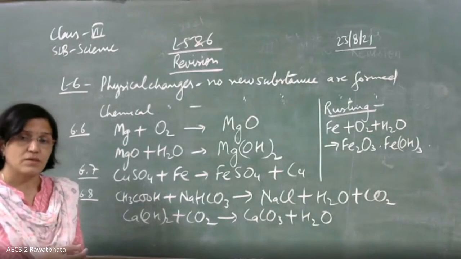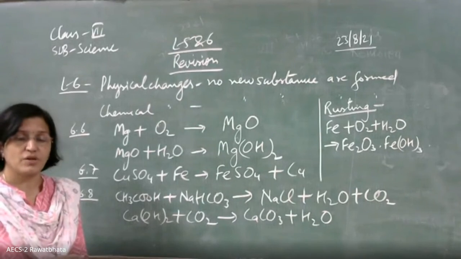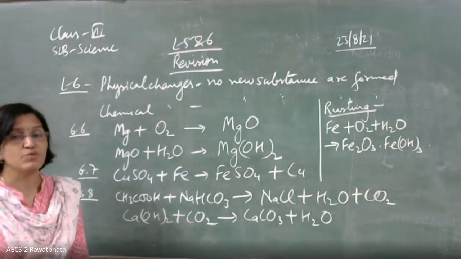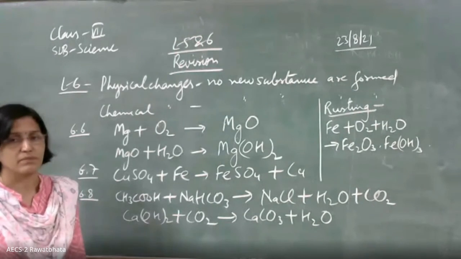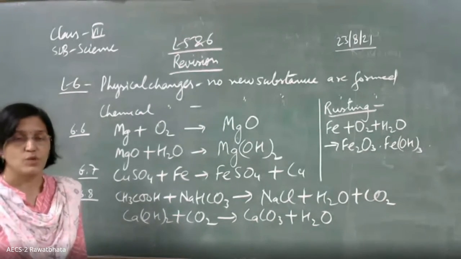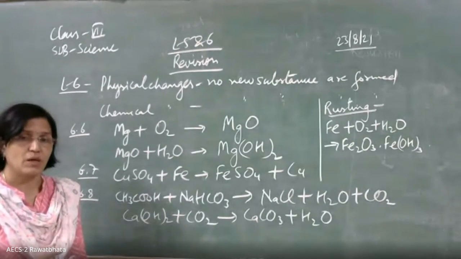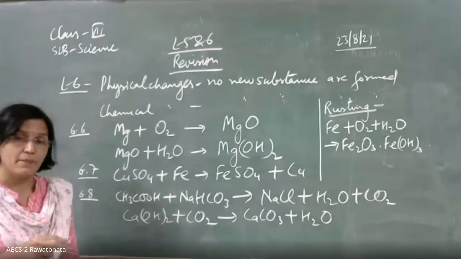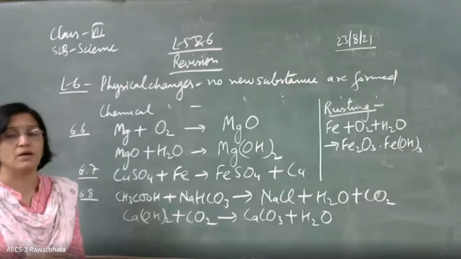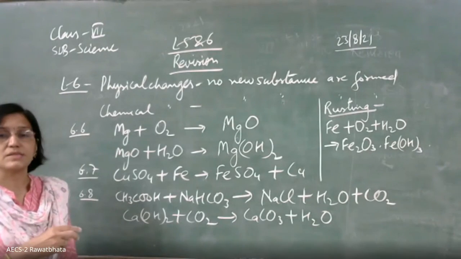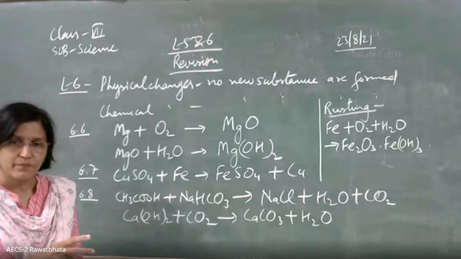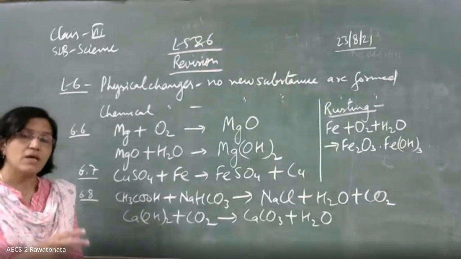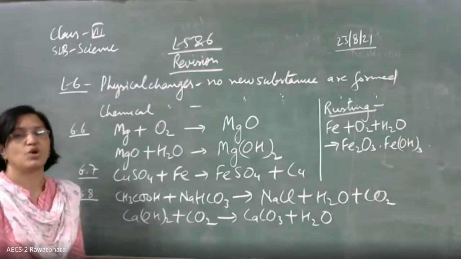Using this particular equation, we have at times made a volcano in the science exhibition. We use that baking soda, and in that we add lemon juice or vinegar or citric acid, any form, and these acids result in the formation of carbon dioxide.